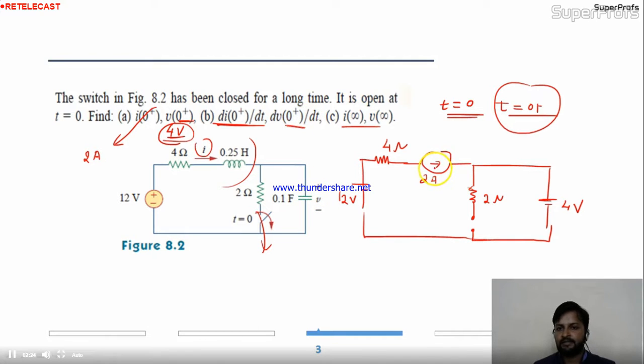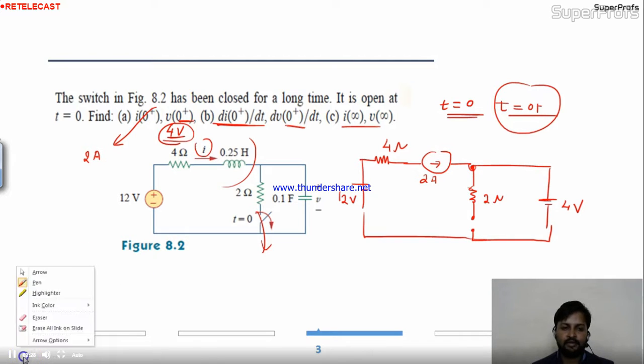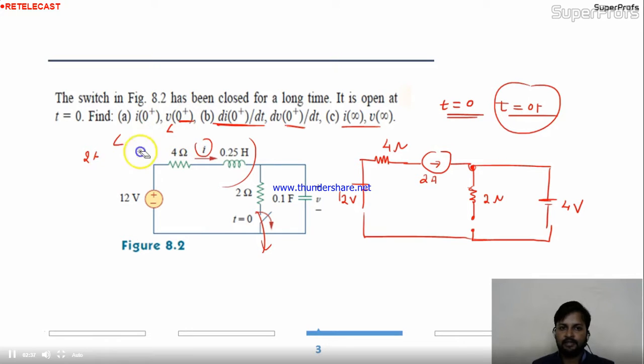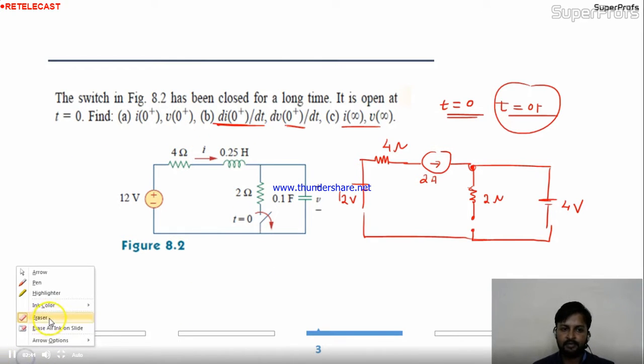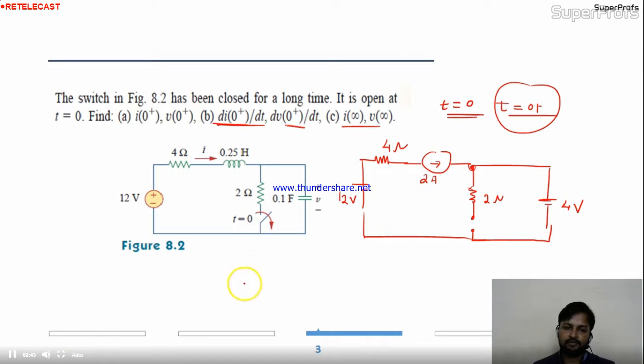Okay. This is I. Now, if you remember the relation between capacitor voltage and inductor current, let me come over there. If you remember this formula, the voltage across the inductor is nothing but L di/dt.